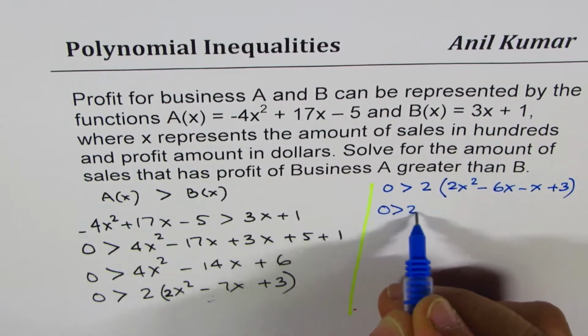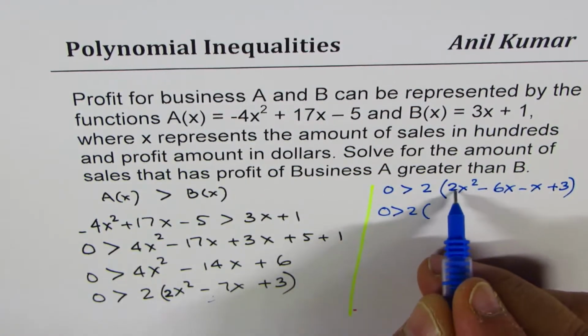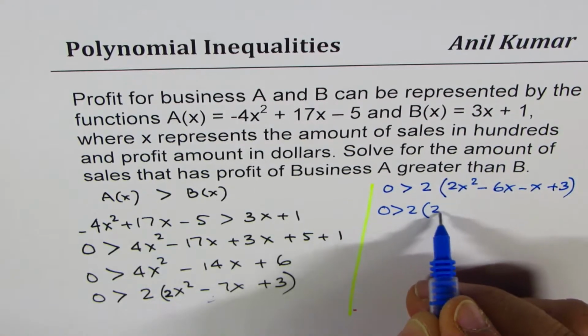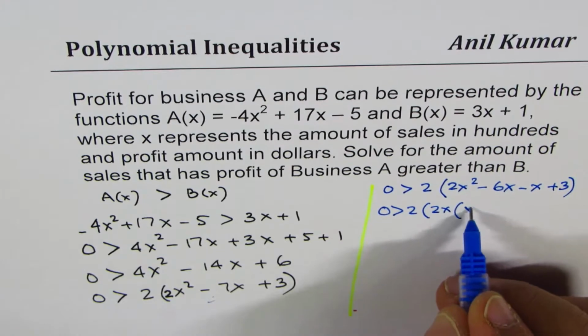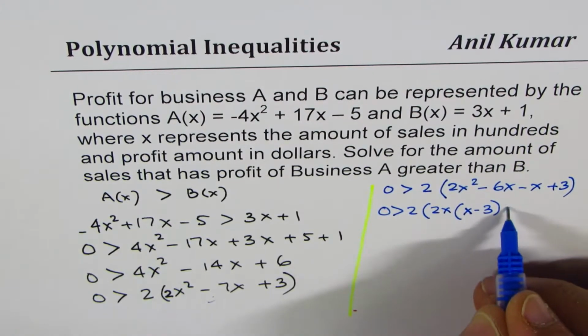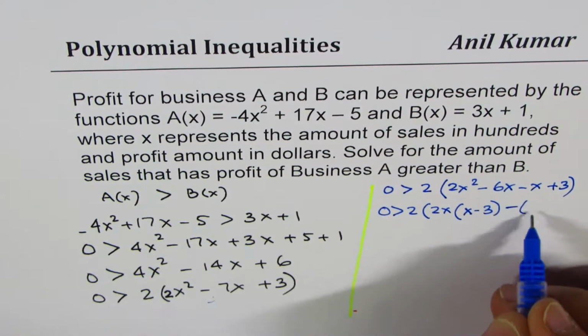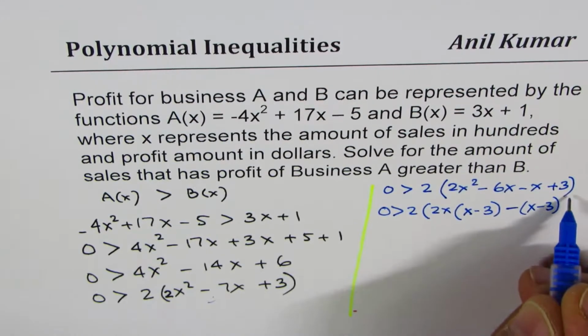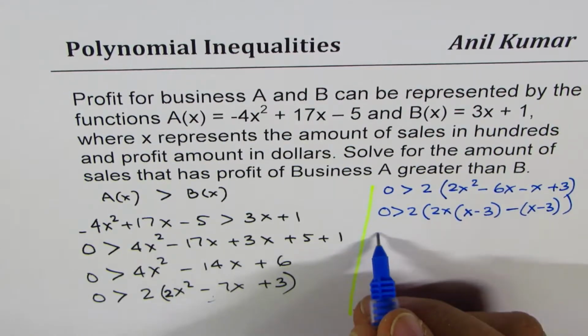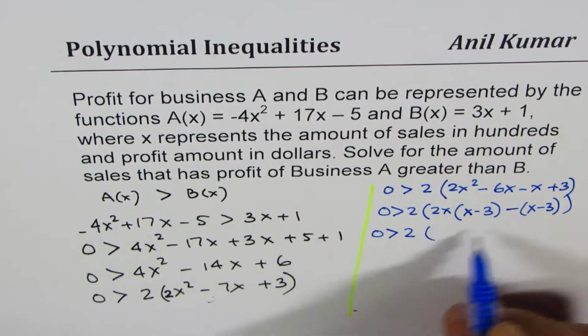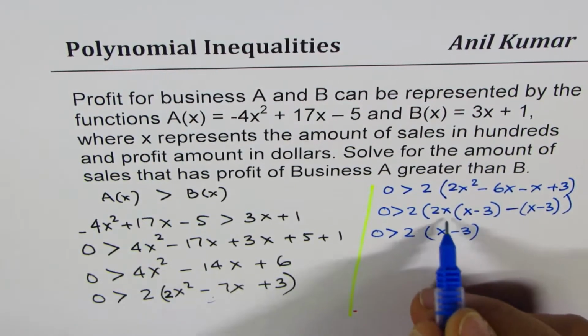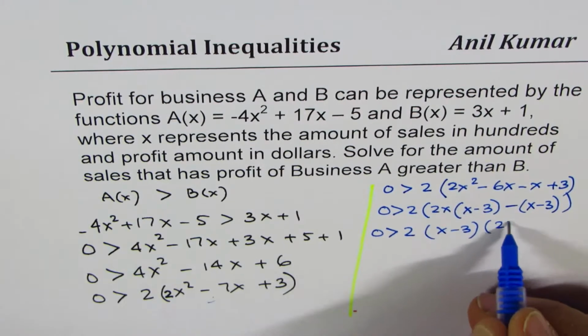We could take 2x common, so we get 2x times (x minus 3), and we can take minus common and we get x minus 3 here also, correct? So 0 is greater than 2 times (x minus 3) is common, and you get (2x minus 1).